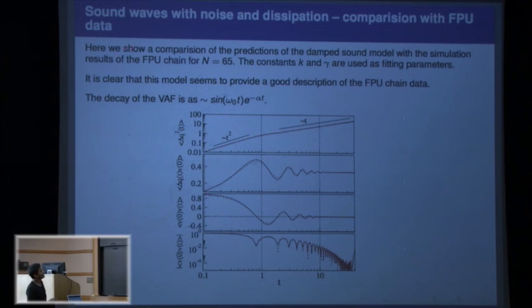This is a comparison of the prediction of this damped sound model with the simulation results of the FPU chain for a small size. Actually k is not a fitting parameter. Only the dissipation constant gamma is a fitting parameter. Since we know the speed of sound exactly, we put it in by hand, so there's only one fitting parameter, gamma.